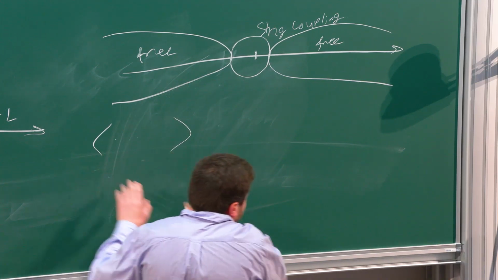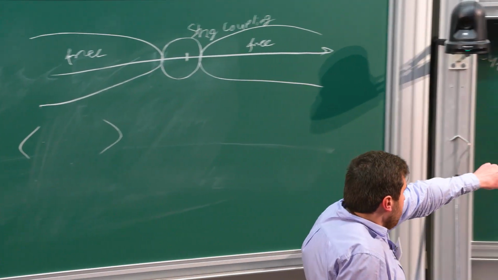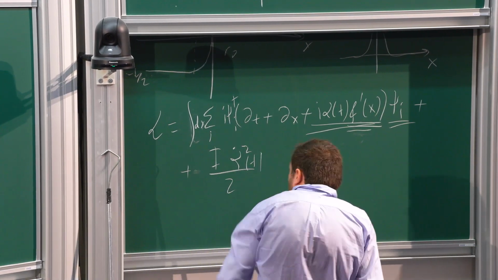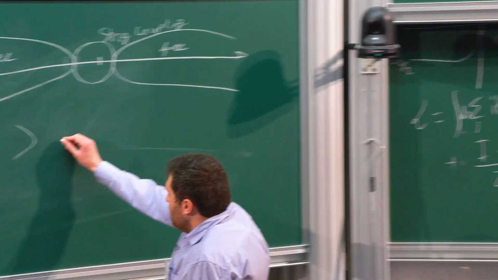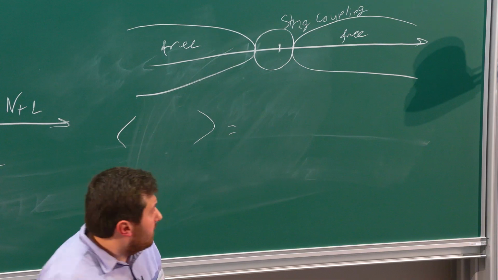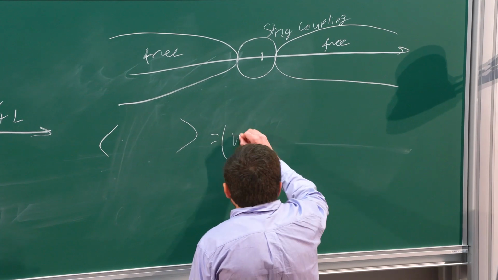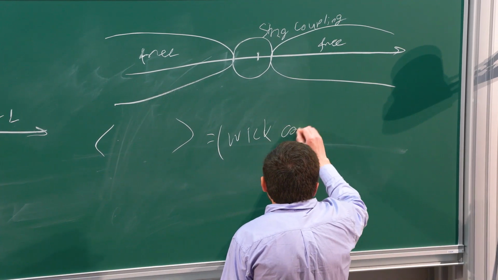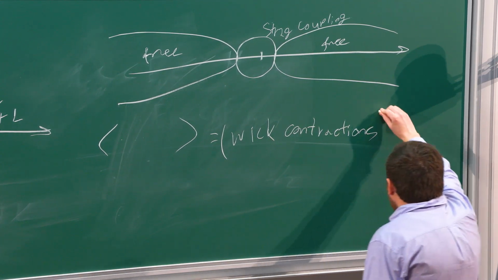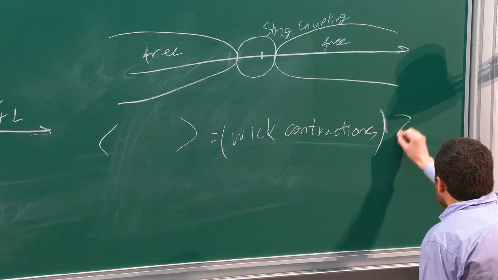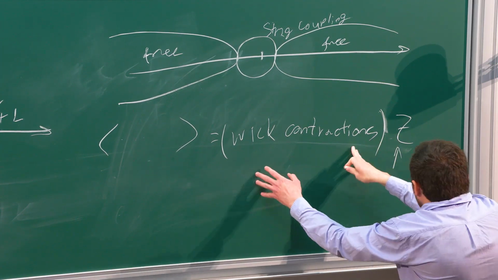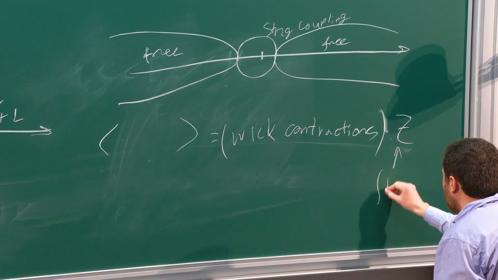When you have some correlation function in the existence of the rotor, you will first pretend that there is no rotor. The theory is free. Write down all possible Wick contractions. Then you will be left with a path integral, basically a product of free Wick contractions and some path integral over alpha.